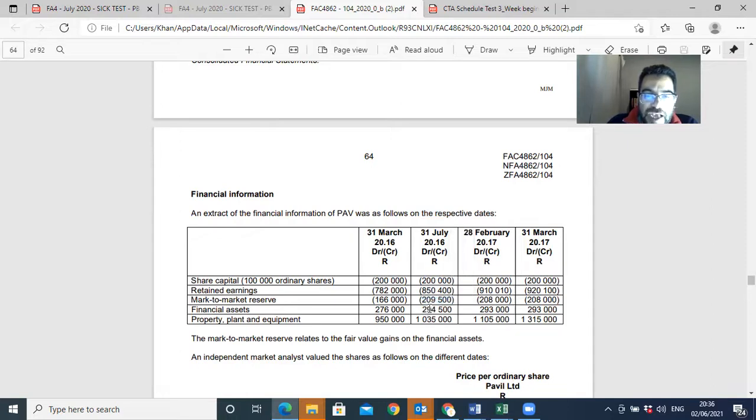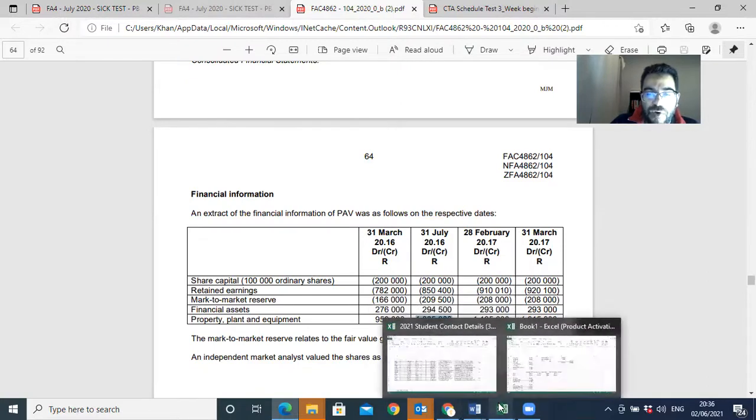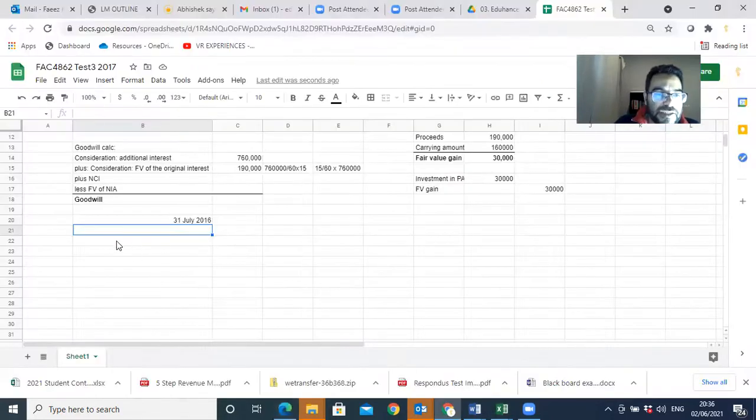We have financial assets, and then property, plant, and equipment. The mark-to-market reserve relates to fair value gains on the financial assets. Okay, that's fine. But what was the equity at the date? So let's have a look. Remember your journal entries. We would have share capital.